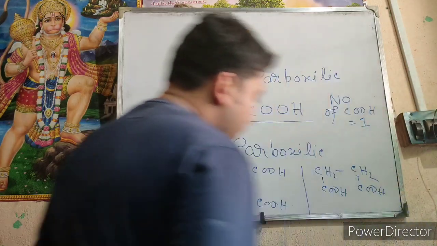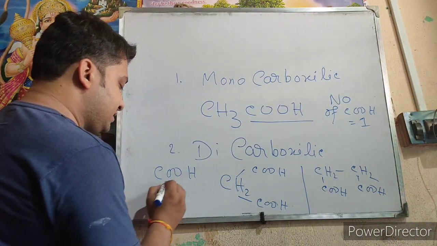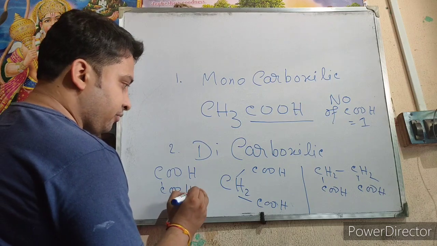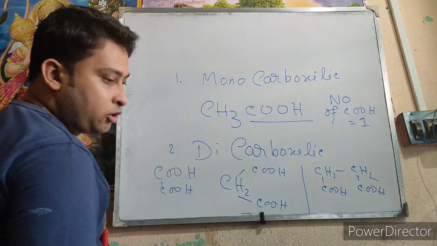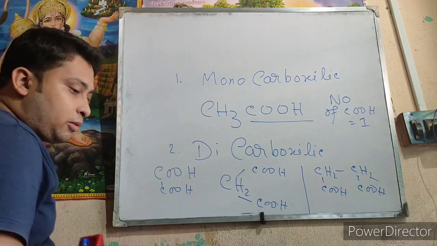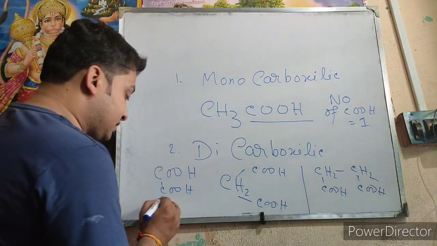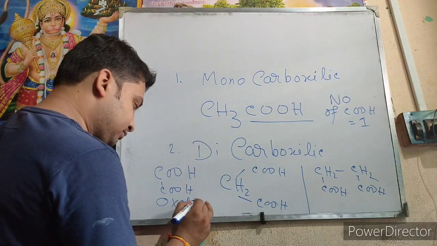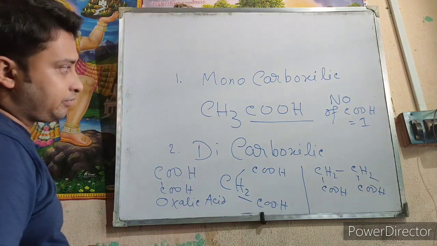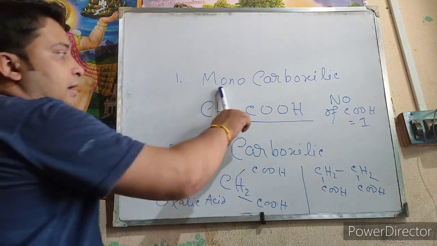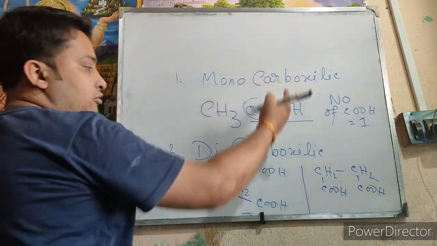Or you can write COOH and COOH. This is also a dicarboxylic compound, and the name of this compound is oxalic acid. If the number of COOH equals 1, it is a monocarboxylic compound.